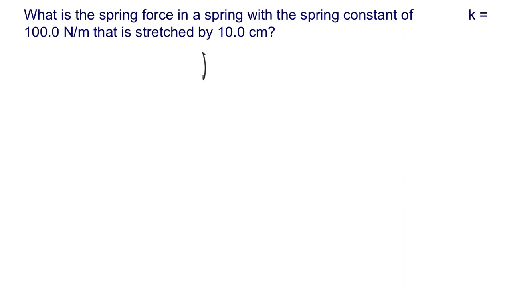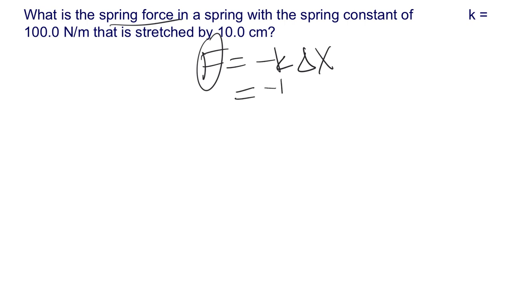Okay, since this is a review, I'll probably not ask it again, except for a semester exam. What is the spring force? That's F, the elastic, the restoring force. Spring constant of 100 times delta x, 10 centimeters, but I've got to change that to meters.